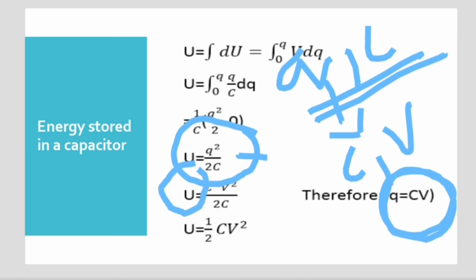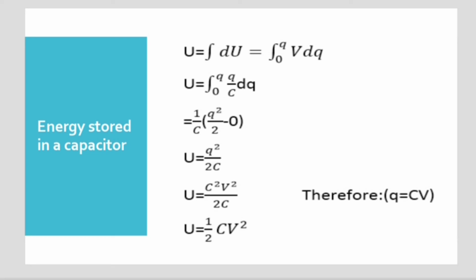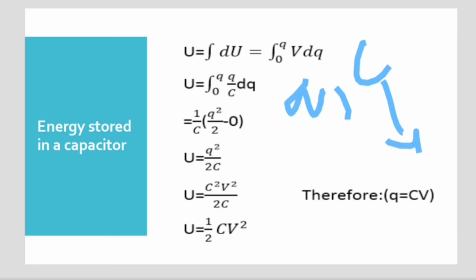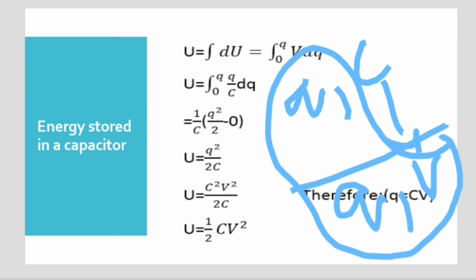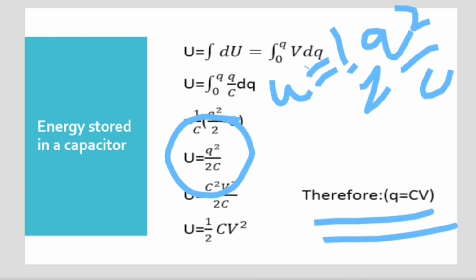Number 2, you can replace c as well, with q and v. Then you will get a complete value of u with q and v. One is given already, that is, in place of q they are placing cv.